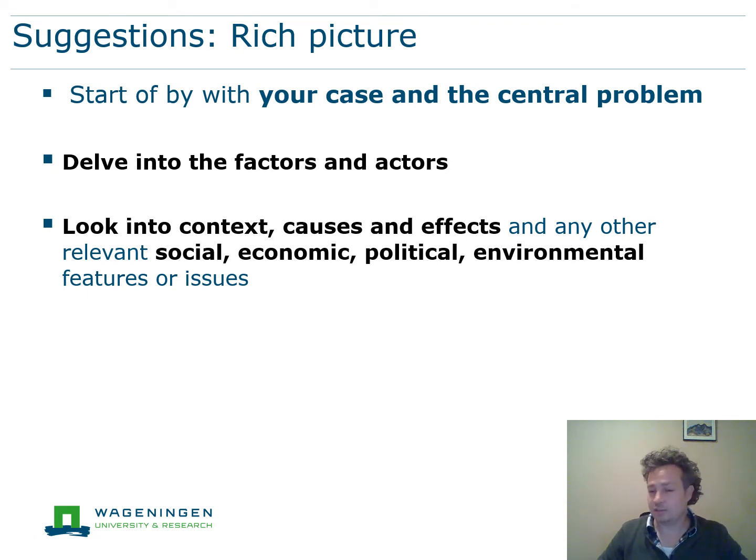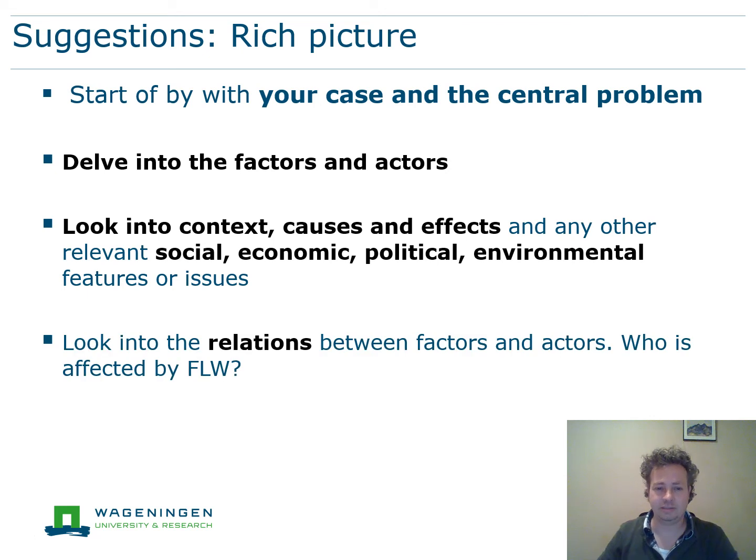Additionally, you start looking into other elements, context, causes, effects, and any other type of relevant socio-economic, political, environmental features or issues that are relevant to your case. Once you've started to draw all these building blocks, make sure you start linking these blocks with arrows that are highlighting the relations. How are these different factors and actors linked together, and how are they related to the food loss and waste problem?